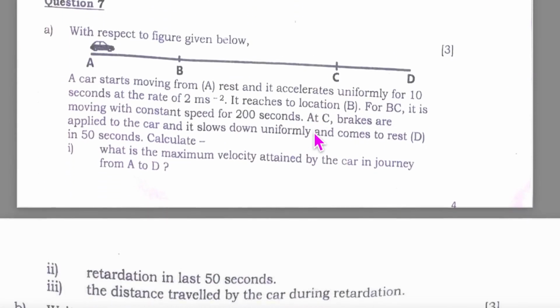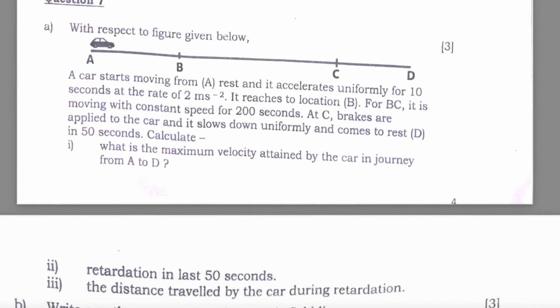Let us come to question number 7. What does it say? Read. With respect to the figure given below, a car starts moving from A at rest, and it accelerates uniformly for 10 seconds at the rate of 2 meters per second squared. It reaches location B. For BC, it is moving with constant speed for 200 seconds.